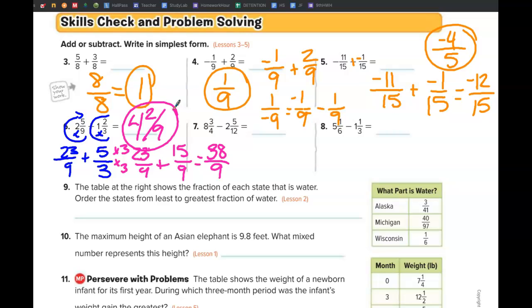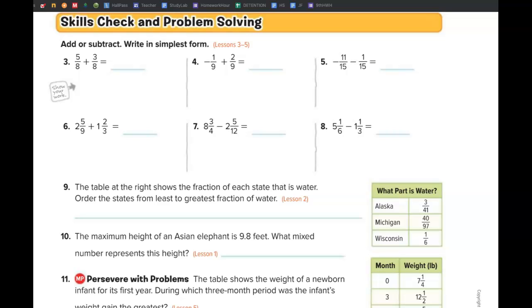Number 7. Same thing. I'm going to go ahead and erase this because it's getting a little messy. Number 7, change my mixed number to improper. Lily?